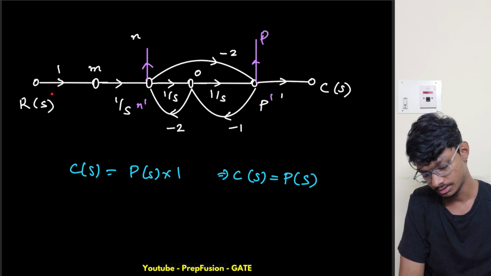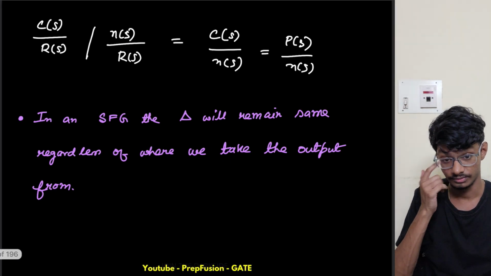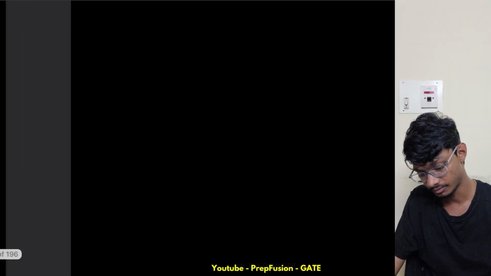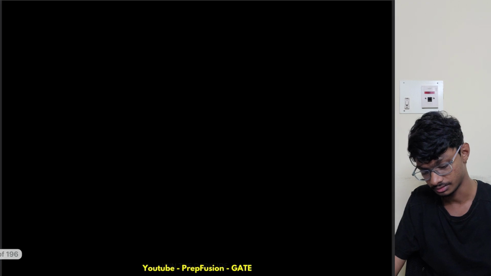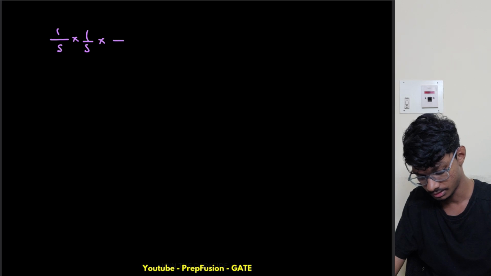So this one is 1 by s times 1 by s times 1 by s. Let me first write that actually. I'm writing for this one, right? C of s upon R of s. So 1 by s times 1 by s times 1 by s.